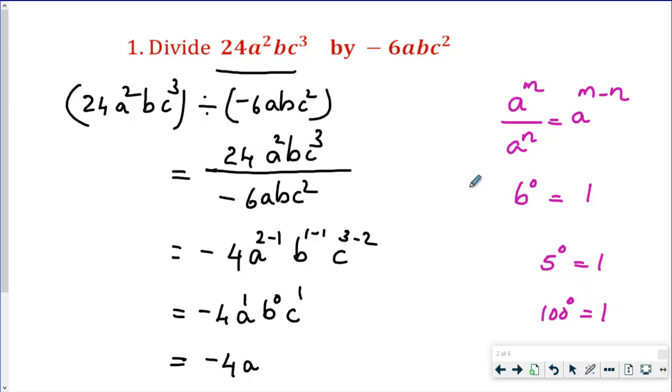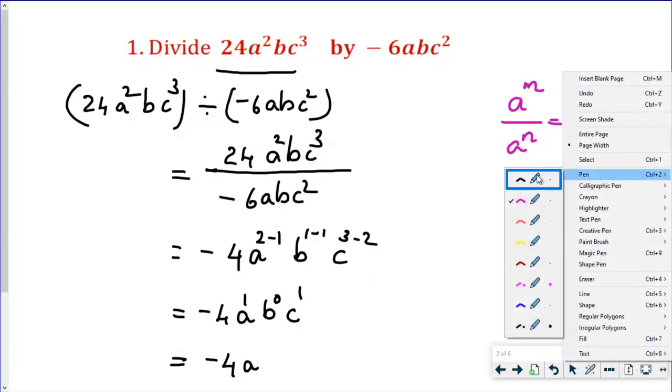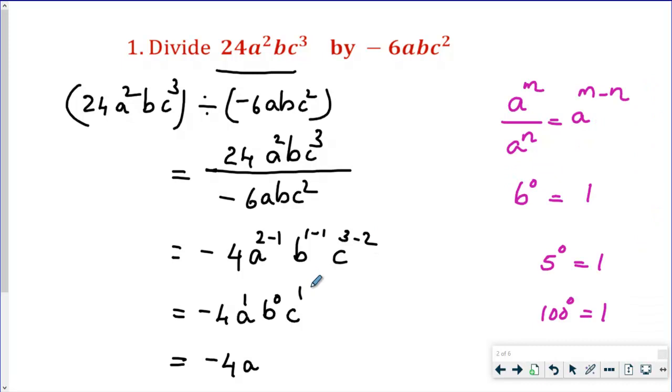Any number or any variable raised to 0, the value of that term is equal to 1. Using this, b power 0 is 1. Now c power 1 is c. So our answer is minus 4ac.